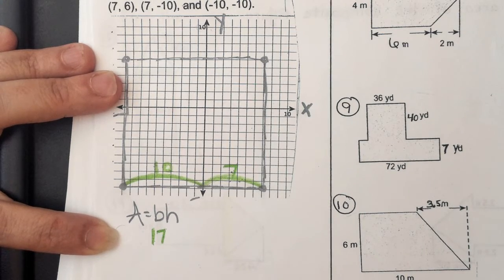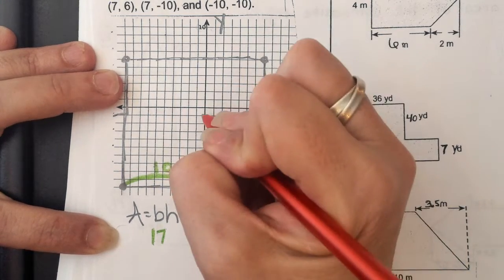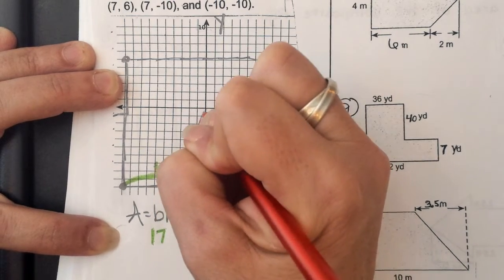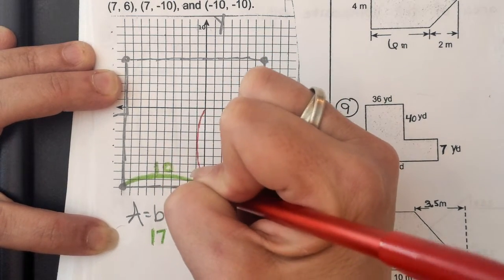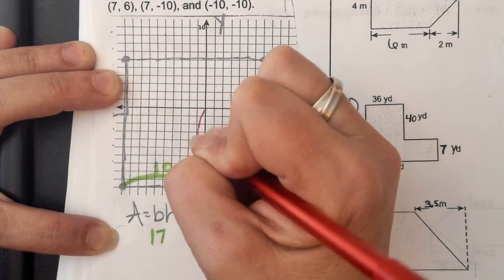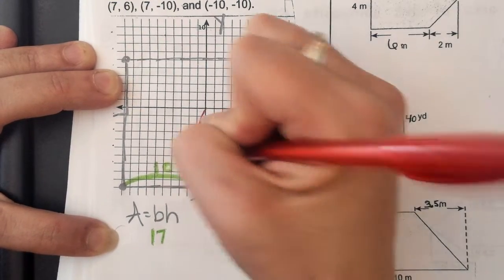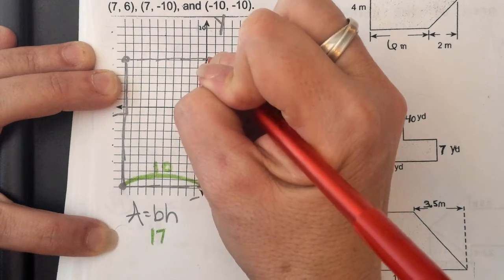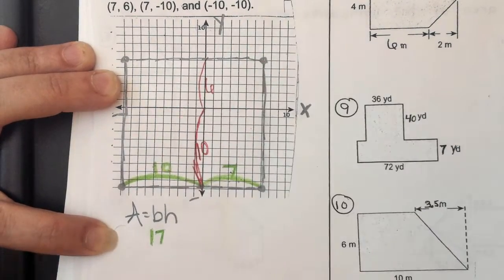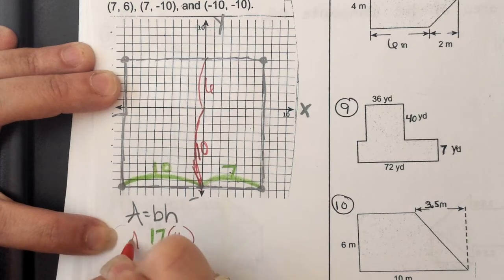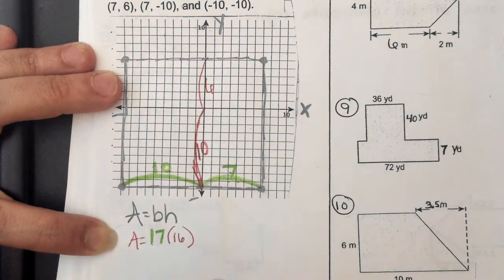Okay, the height, so think about this. How far is it from here? I'm trying. Of course, my pen's going to die now. There you go. From here to here. So how 10, we went down 10, and we went up how many? 6. So the height is 16. You can't really assume it's a triangle, a square, but, I got why you're saying it.